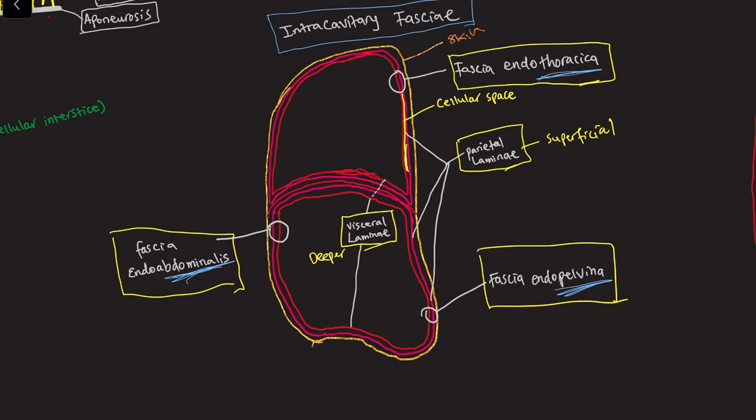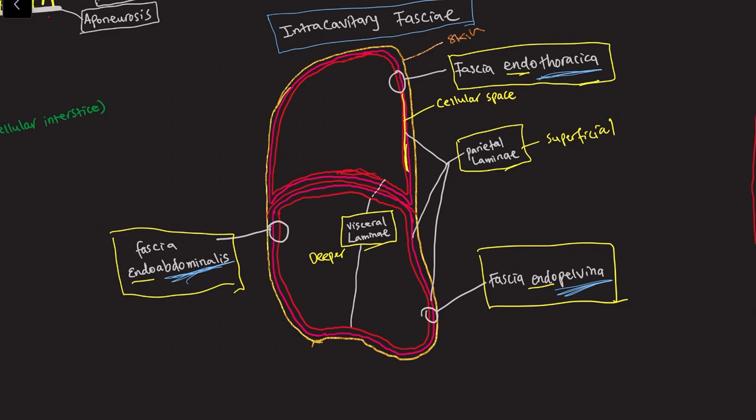Now, look at this. The parietal lamina covers the inner wall of the cavity. It covers the inner wall of the thoracic cavity. That's why it's called fascia endothoracica, fascia endopelvina, fascia endoabdominalis. So it covers the inside part of the thoracic, pelvic, and abdominal cavity, for example.